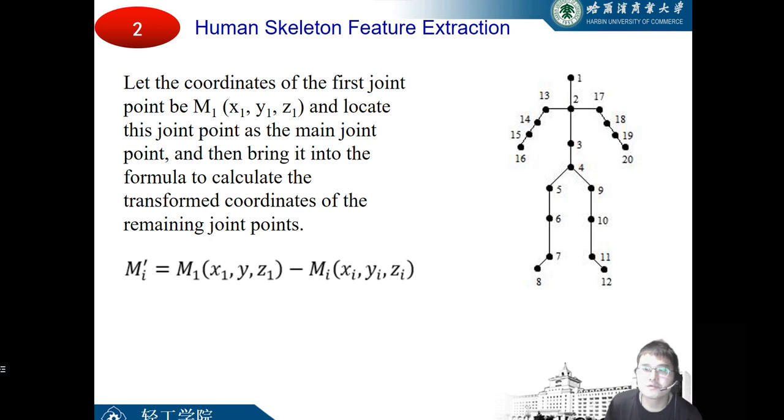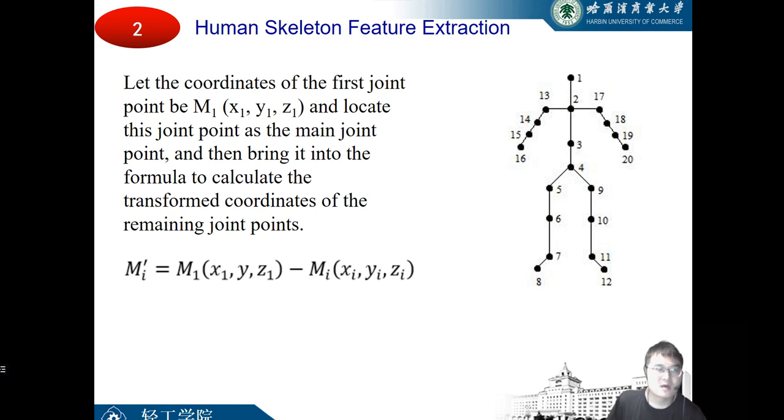According to the main bones and joints of the human body, this MI is the transformer, the coordinate, and M1 is the joint center point.